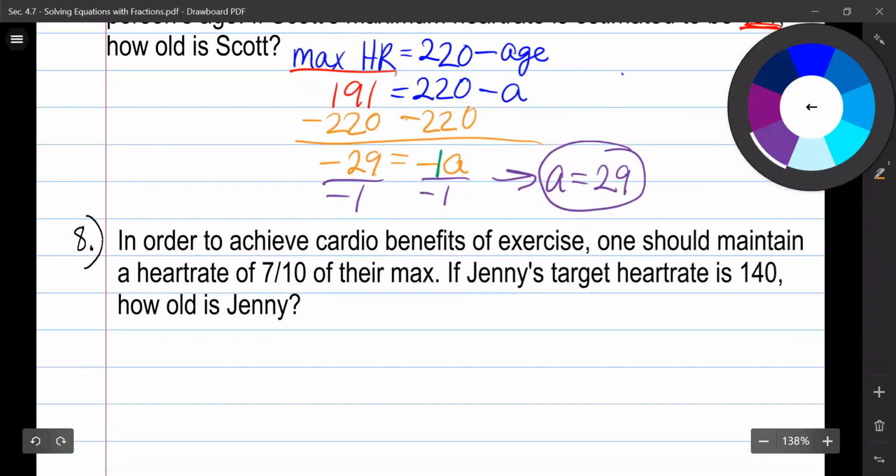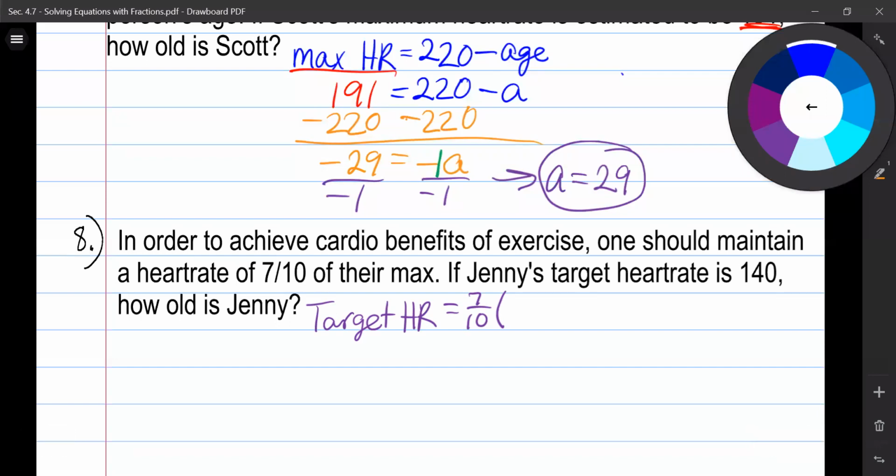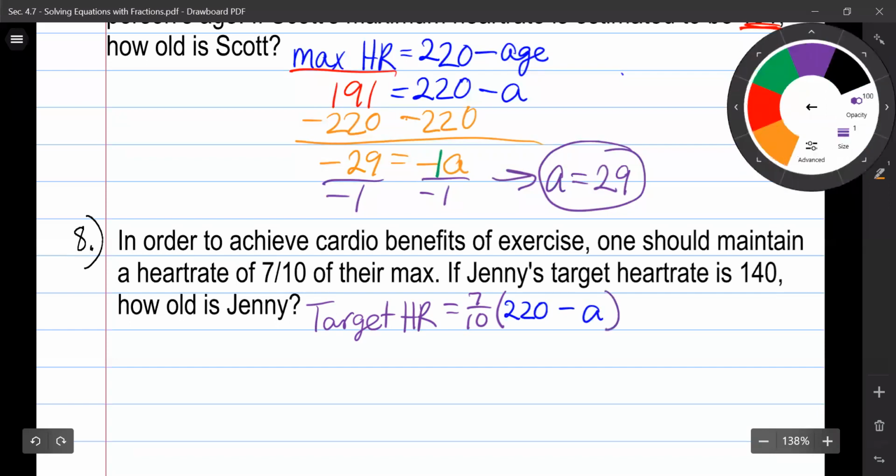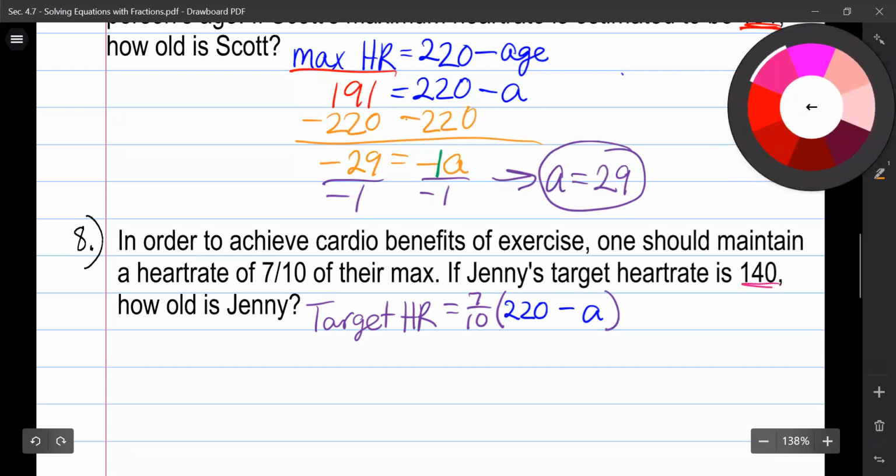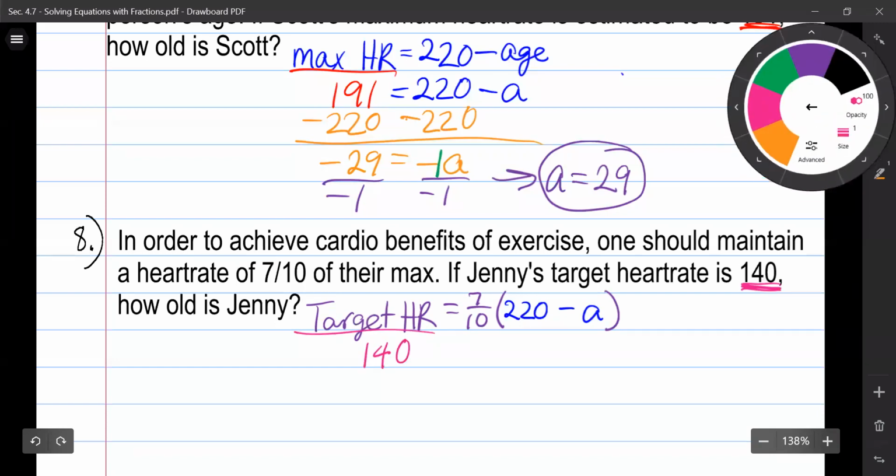Okay, so the target heart rate equals 7/10 of, means times, the maximum heart rate, which, like we were told in the previous problem, is 220 minus the age. And then it says that her target heart rate is 140. So 140 equals 7/10 times 220 minus age.